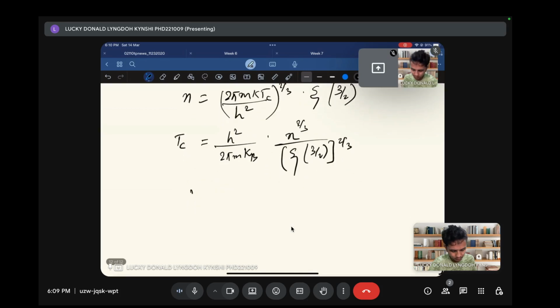So your Tc is in fact proportional to n to the power of 2 by 3.